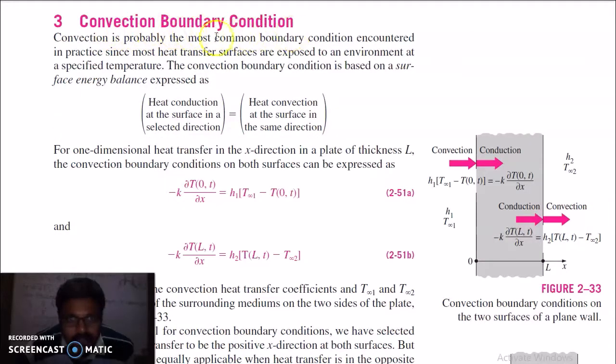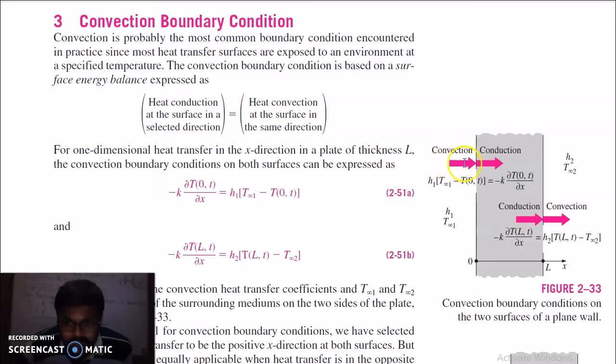Convection boundary condition. Convection is probably the most common boundary condition encountered in practice, since most heat transfer surfaces are exposed to an environment at a specified temperature. The convection boundary condition is based on surface energy balance, expressed as heat conduction at the surface in a selected direction is equal to heat convection at the surface in the same direction.